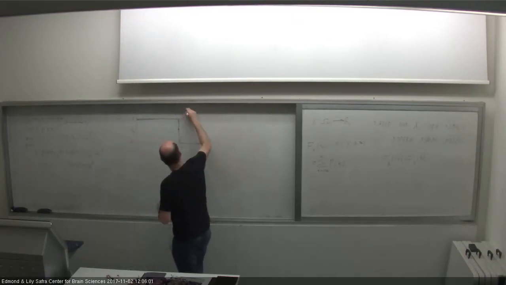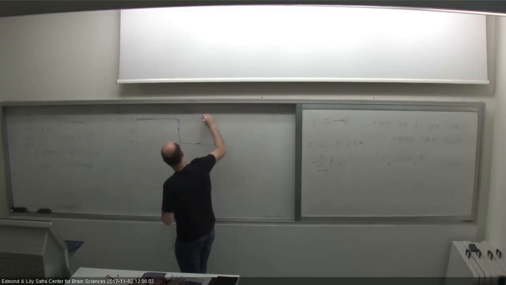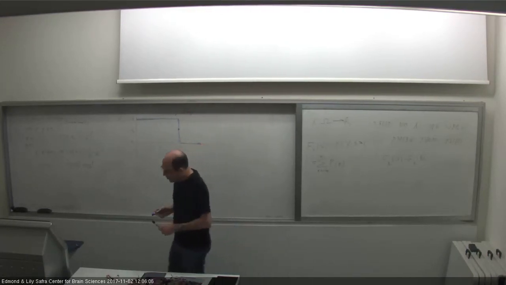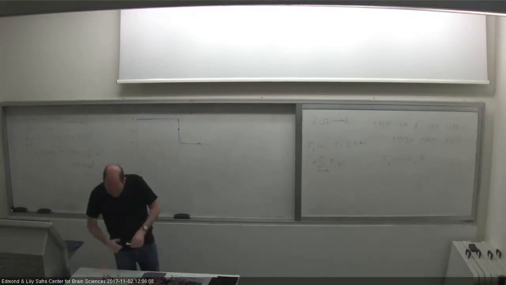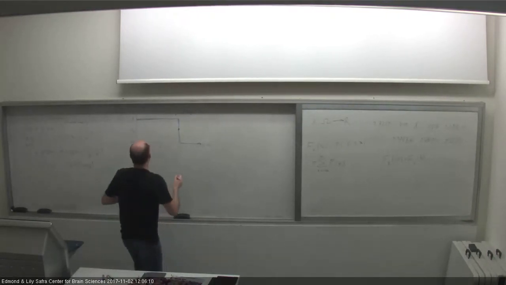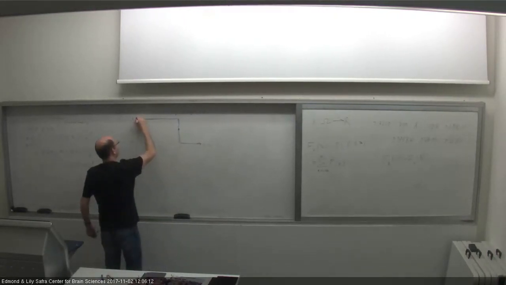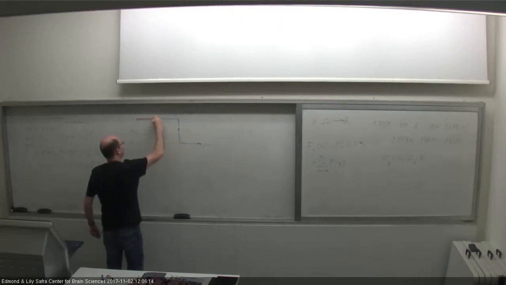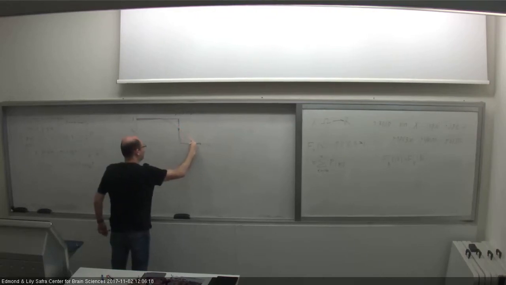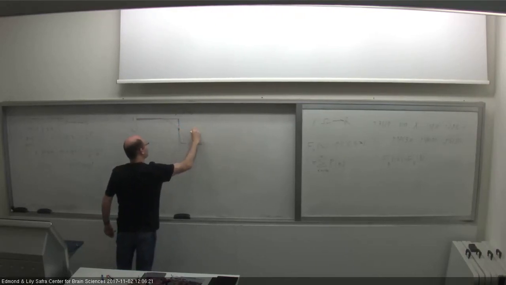This would be large n. And for smaller n's, it's more smooth. For all of them, this is precisely 1 here, and then for smaller n there is a more gradual transition, but this would be small n.